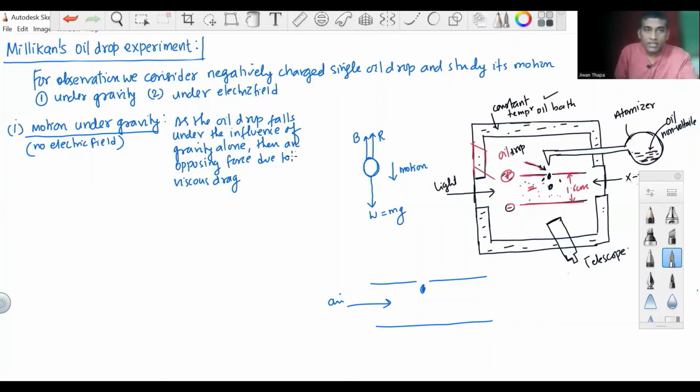So I'm writing, then an opposing force due to viscous drag, this is due to air, acts on the oil drop. So we find this, the opposing force, that is viscous drag, acts on the oil drop.